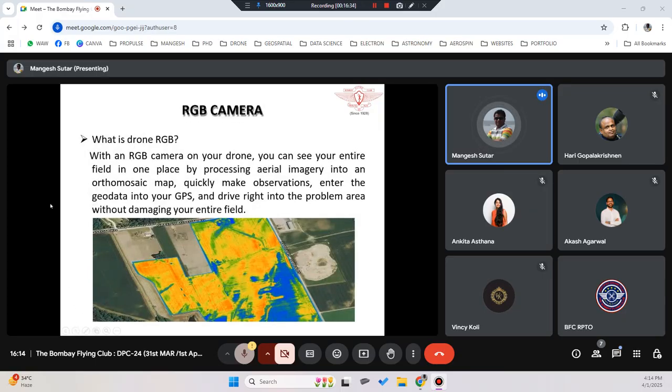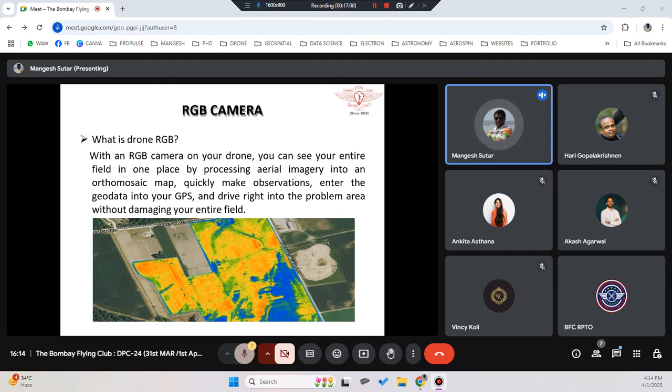So what is drone RGB? With an RGB camera on your drone, you can see the entire field in one place by processing aerial imagery into orthomosaic maps, quickly make observations, enter the geodata into the GPS, and drive right to the problem area without damaging your entire field. That means you can capture multiple images and process them in software.